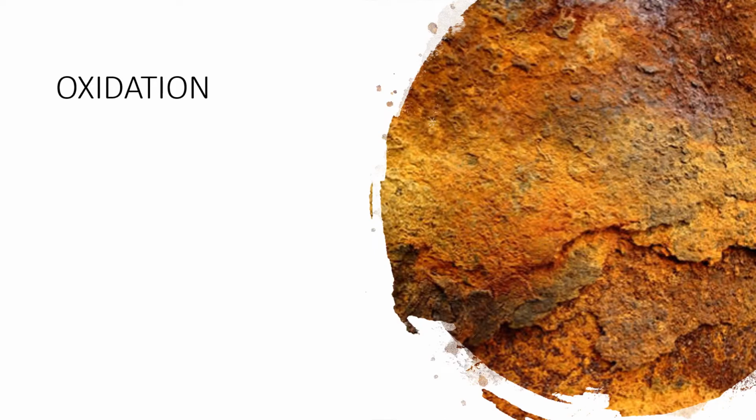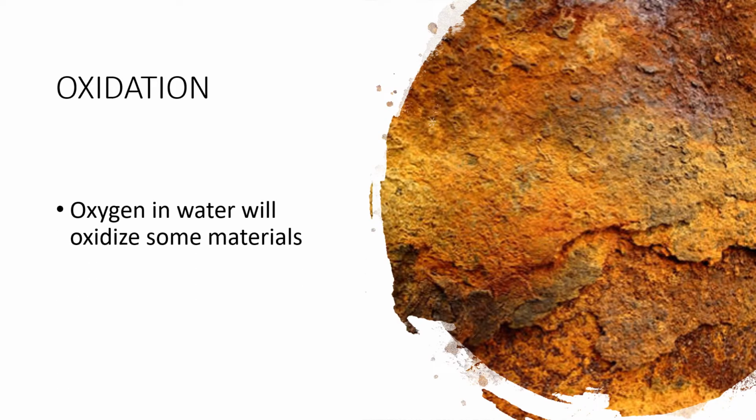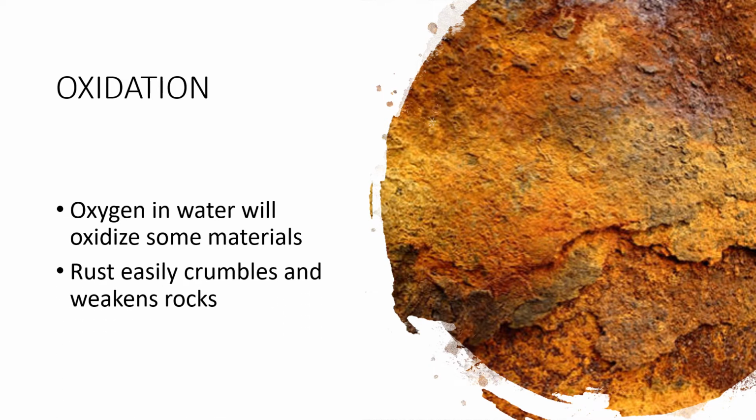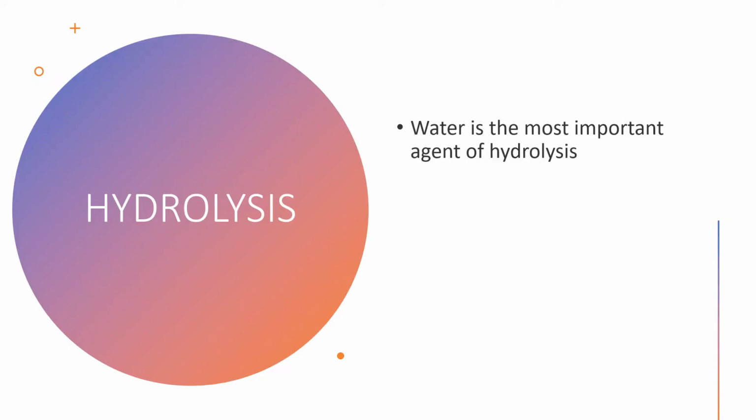First, oxidation. This occurs when the oxygen dissolved in water will oxidize some materials. Reddish-brown rust will appear on the surface of iron-rich minerals, which easily crumbles and weakens the rocks. Water is perhaps the most important agent of a specific type of chemical weathering called hydrolysis, especially in silicates.